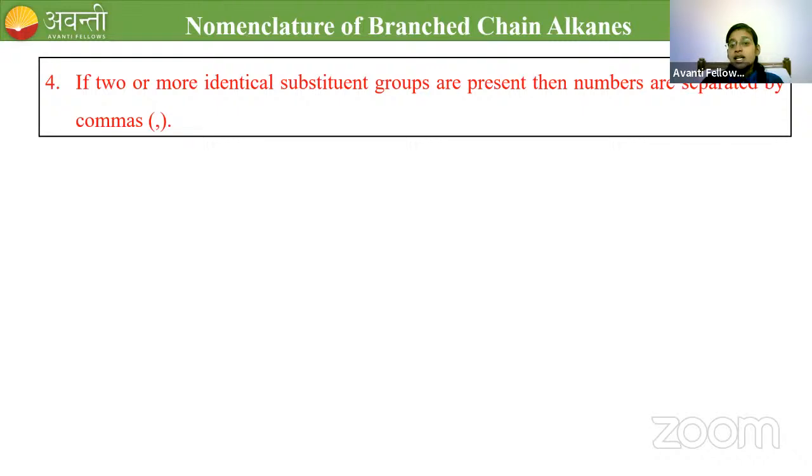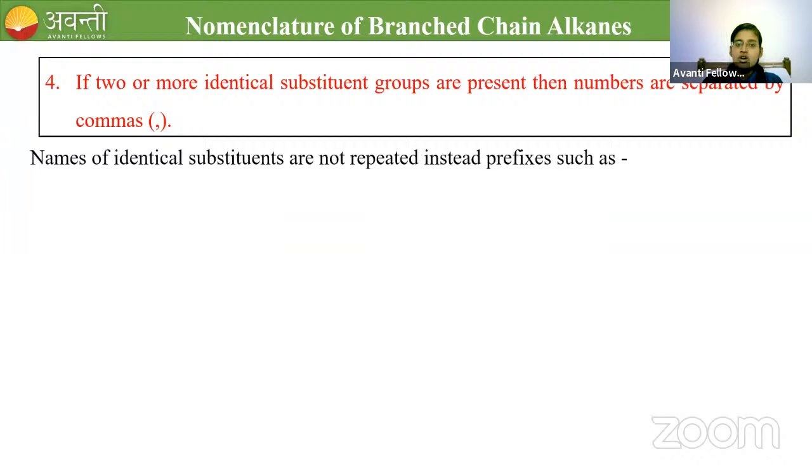If two or more identical substituent groups are present, then numbers are separated by commas. If I'm having 2-methyl or 3-methyl in my compound, then all those are identical substituents, right?